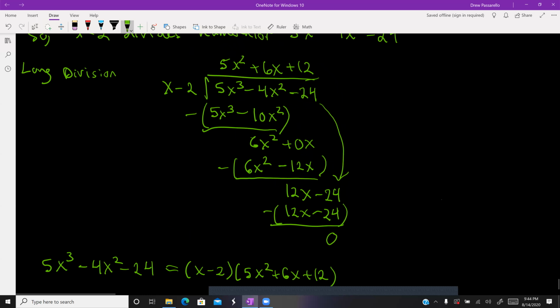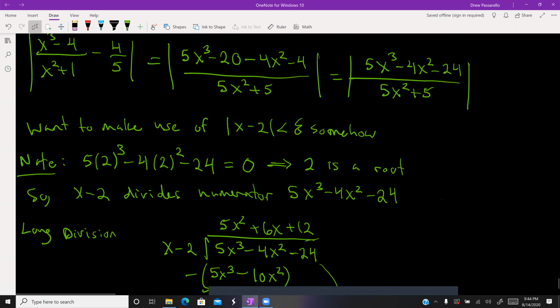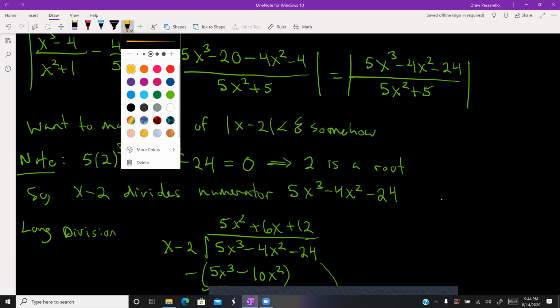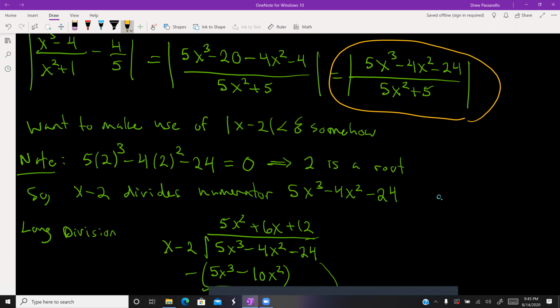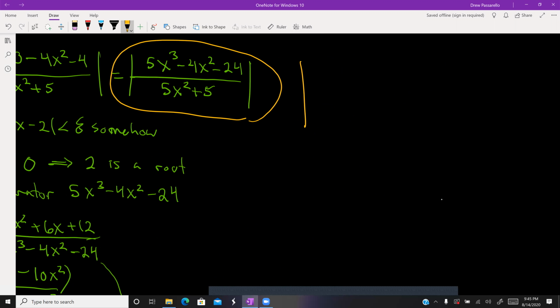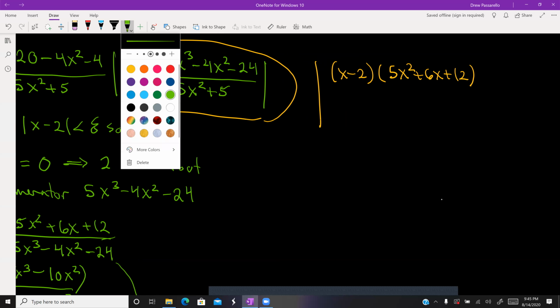All right, that's what it factors into, because 2 is a root, so x minus 2 is a factor. So that makes this x minus 2 times 5x squared plus 6x plus 12, all of that divided by 5x squared plus 5.